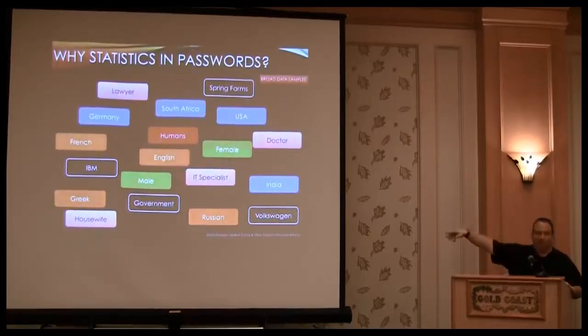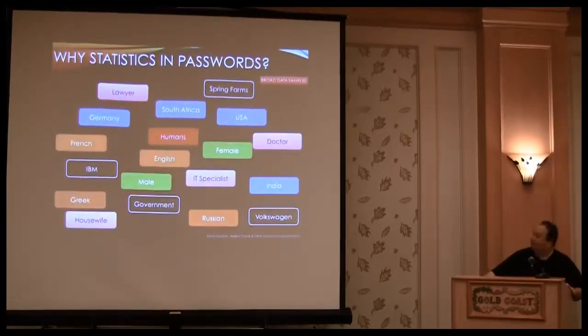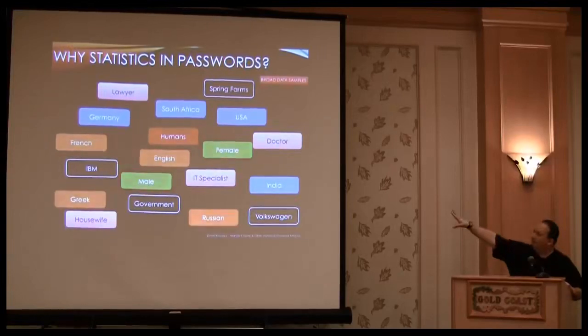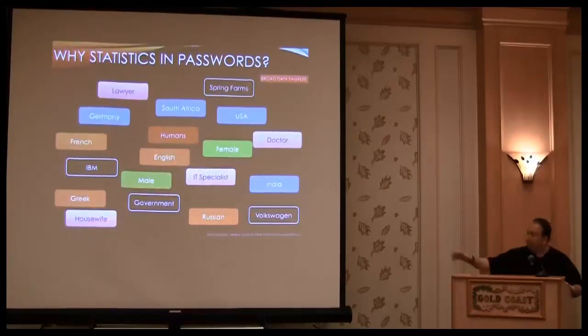For example, the blue is the different countries a person may live in. Black is a company that they may work for. Then we've got the type of profession in the pink color, and then languages are in the orange, looks a bit like a copper color here.